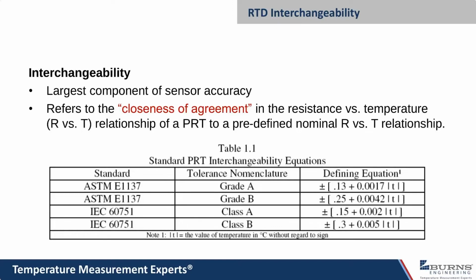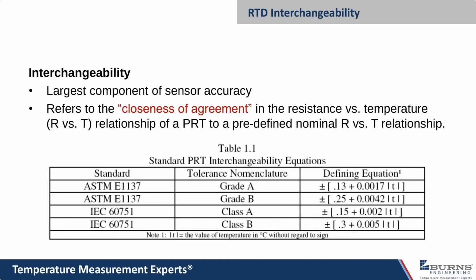Well, I get this question a lot. When the sensors are made, like with a wire wound sensor, all that we're doing is trimming that coil of platinum wire to get as close as we can to 100 ohms. And if you look at standard manufacturing practices, you're going to end up with a bell curve where some are really close to 100 and others are on the outskirts of that.